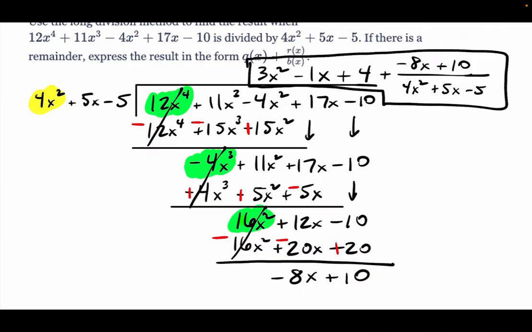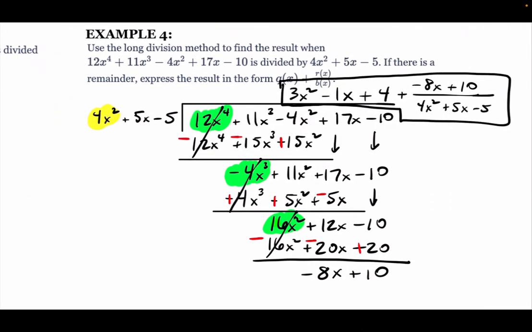That's your answer. That's how you put it exactly like that into Delta Math. 3x squared minus 1x plus 4 plus the remainder, which is a fraction. This one is not a factor.